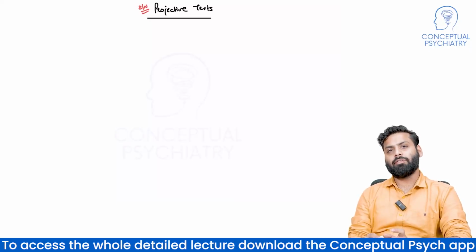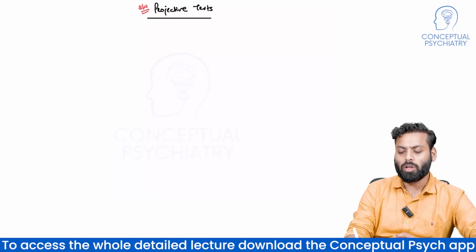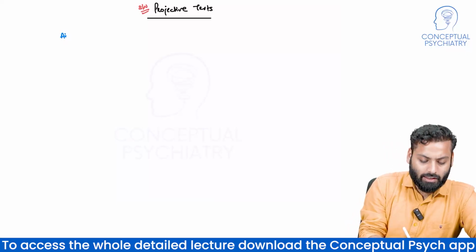We had left the lecture at the point that projective tests evoke a fantasy response, and now we will be discussing it in detail. So, what is the main aim of the projective test?